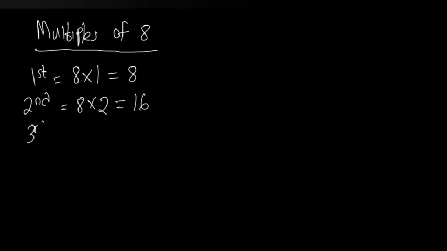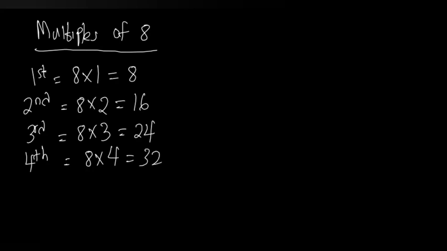The third multiple will be 8 times 3, which is what? 24. The fourth is going to give us 8 times 4, which is what? 32. Don't forget that we are multiplying them by 1, 2, 3, 4, and so on and so forth.